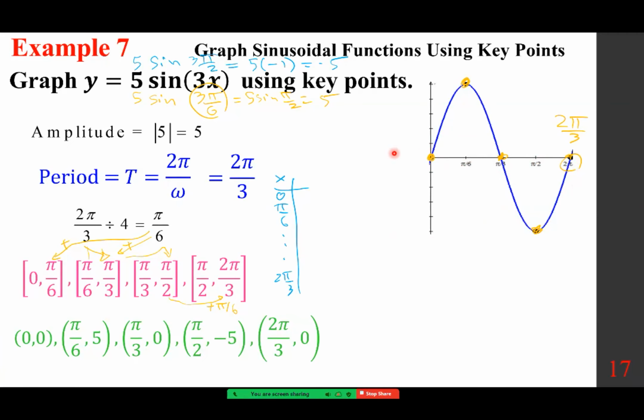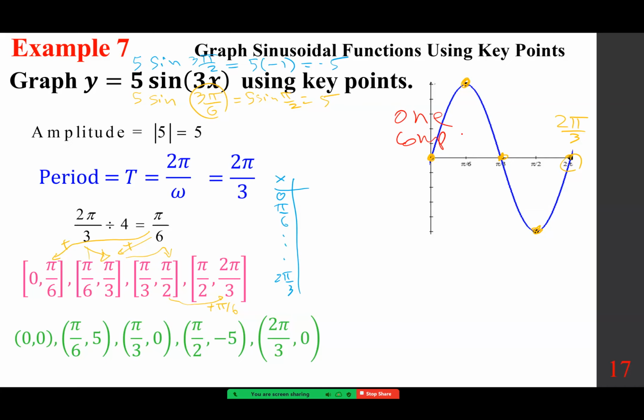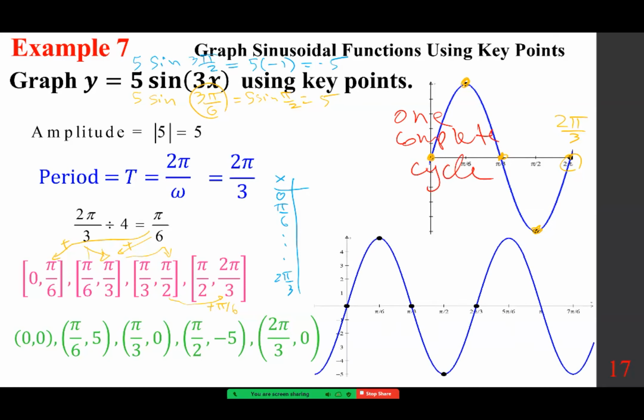And now go indefinitely on the left and right. This is 1. Let me write that. 1 complete cycle. And this is the whole graph. And again, in many cases, they may ask you to come up with a complete cycle only.